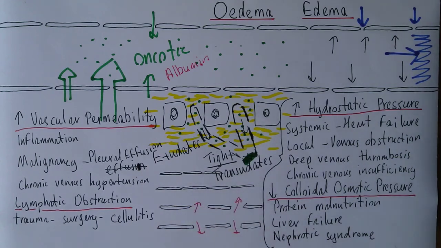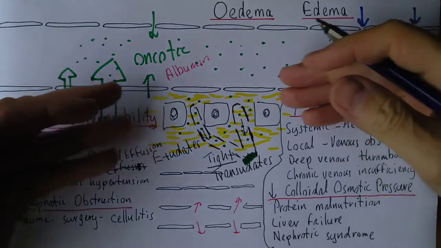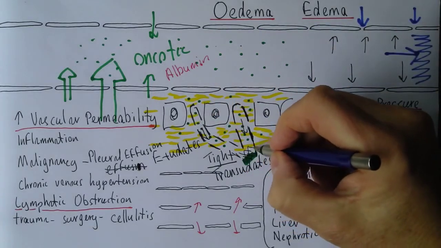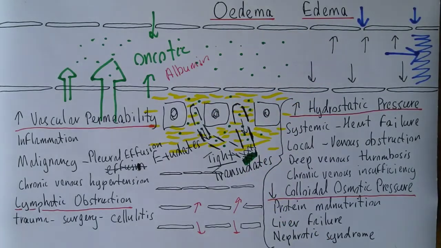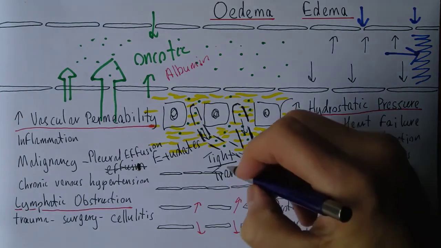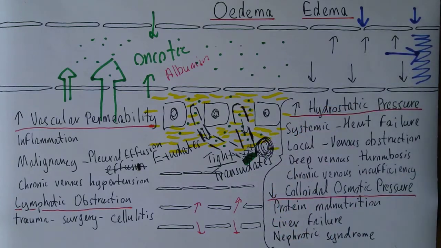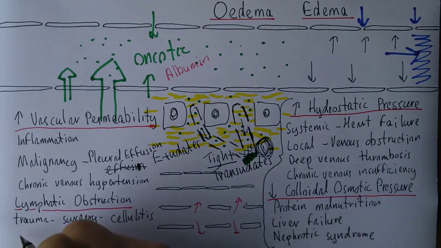So after an episode of cellulitis, there can be damage to the lymphatic vessels, because in cellulitis, if there's infection in the tissue, the bacteria are going to drain into the lymphatics and can damage the inside of the lymphatics. Tumours can press on lymphatic vessels, so there's a big tumour there that can press on the lymphatic vessels. Malignant obstruction. Sometimes it's congenital.